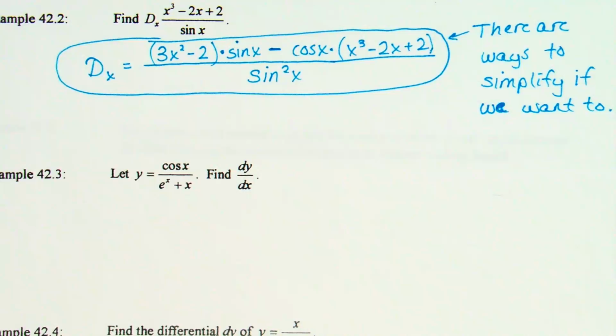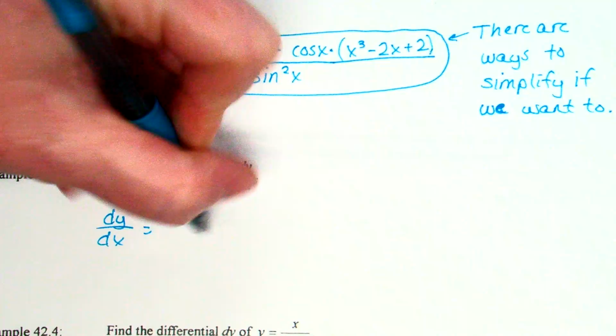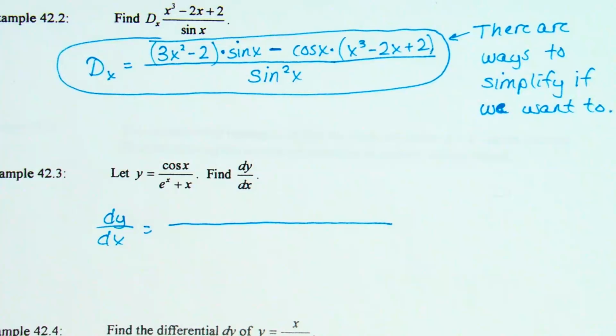Okay. Example 3. Let y equal cosine x over e to the x plus x. Find dy dx. Okay, what do I start with? Derivative of the denominator or numerator. Okay, derivative of the numerator. So derivative of cosine x? Negative sine x.